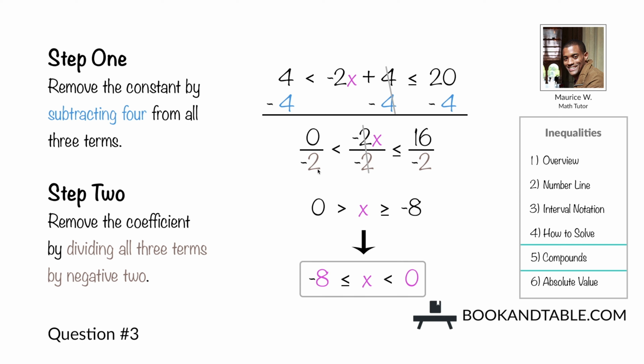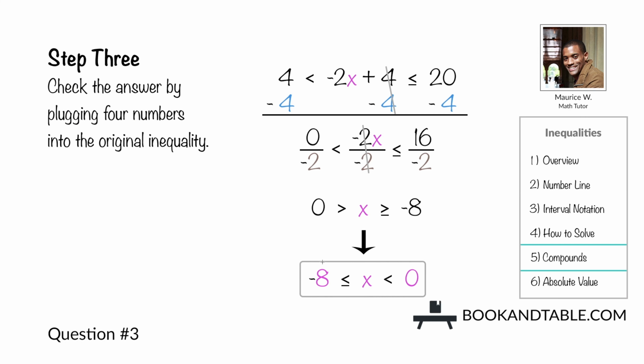And since we are dividing by a negative number, we need to reverse the less than and less than or equal to symbols to greater than and greater than or equal to symbols. So if we reverse this, we get negative 8 is less than or equal to x, which is less than 0.